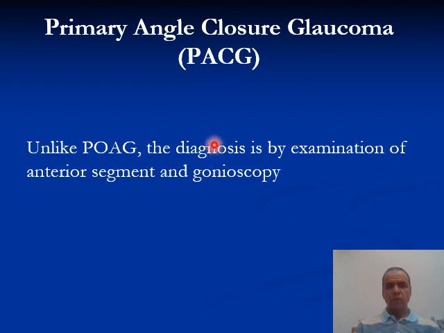The diagnosis of primary angle closure glaucoma is by signs and symptoms, examination of the anterior segment, and gonioscopy. Unlike primary open-angle glaucoma, which is usually diagnosed by assessment of the optic nerve head, visual field, and corneal thickness.